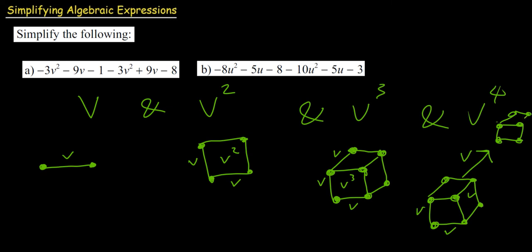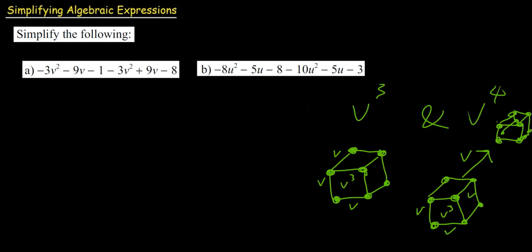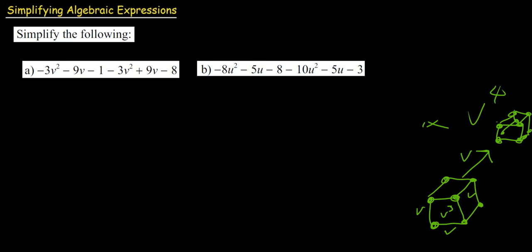So that is the fourth dimension. So we've got v cubed there, and we're saying that this block in a different time is v to the 4. Okay, so I hope I didn't go off on too much of a tangent there, but I think it's important to distinguish that powers and coefficients are different.